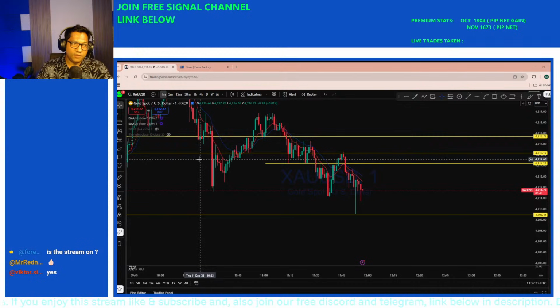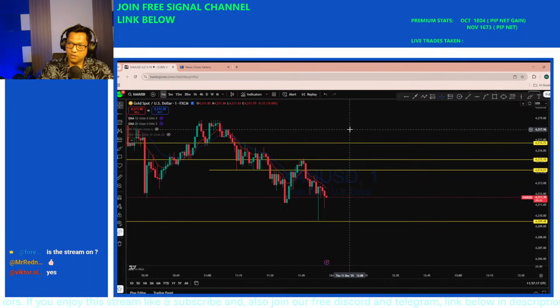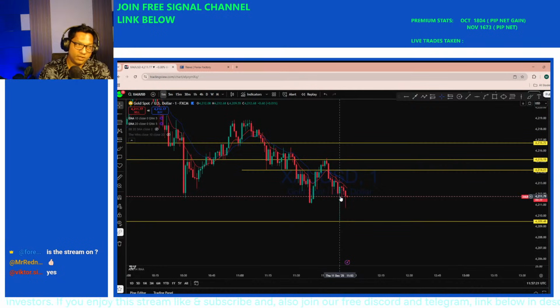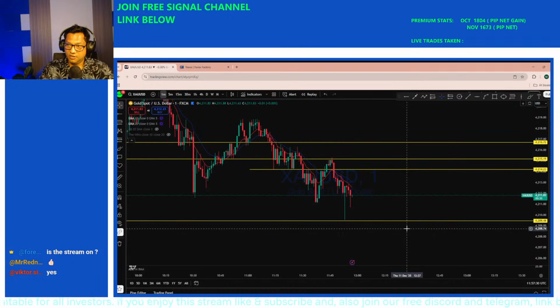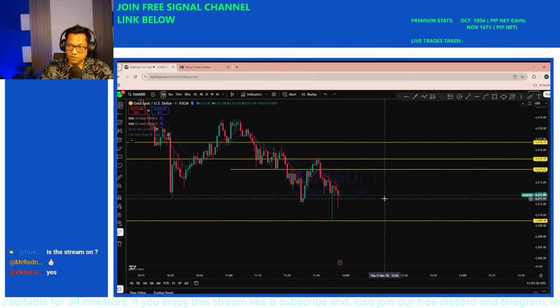The rate cut eventually could be bullish for gold, and that's a bigger picture perspective, right? But the smaller time frame that you can see is currently showing bearish.